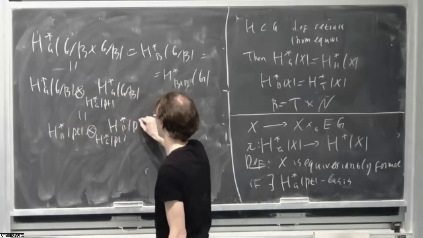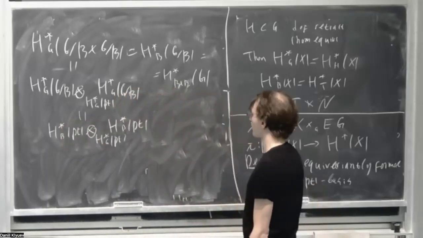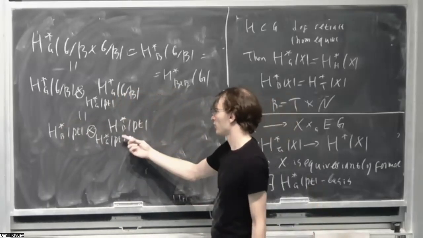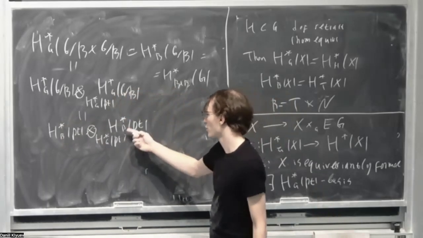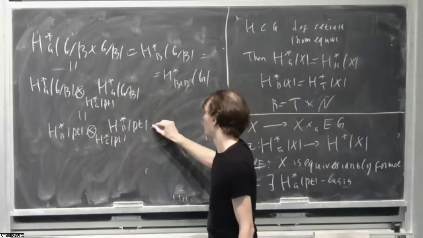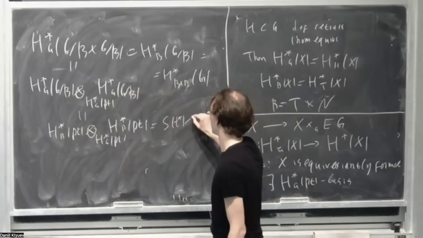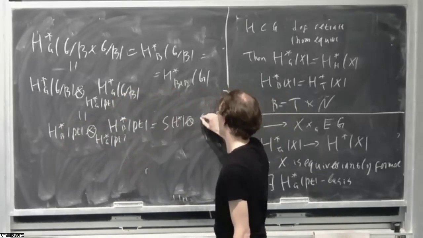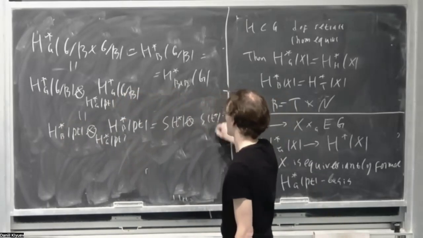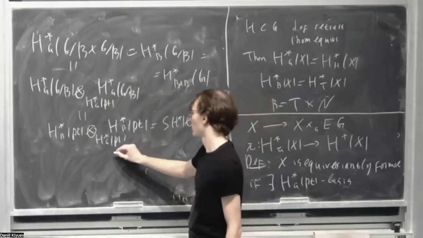And then I use that B is homotopy equivalent to T, so that I can change B to T. So this is S of T star tensor S of T star, tensor over what?